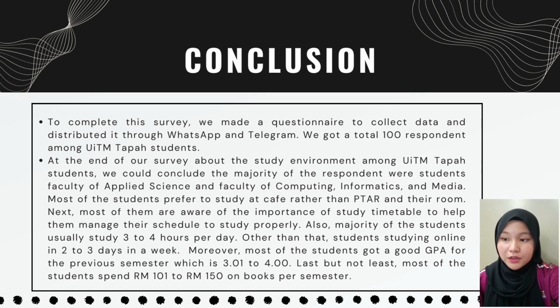Moreover, most of the students got a good GPA for the previous semester, which is 3.01 to 4.00. Last but not least, most of the students spend 101 ringgit to 150 on books per semester, which is a good investment for them to study.